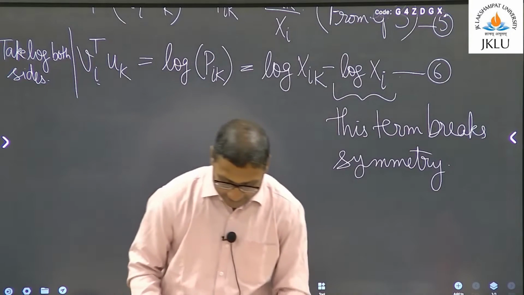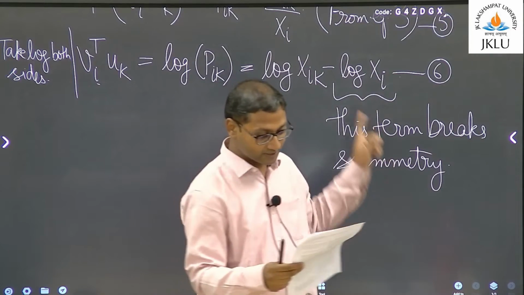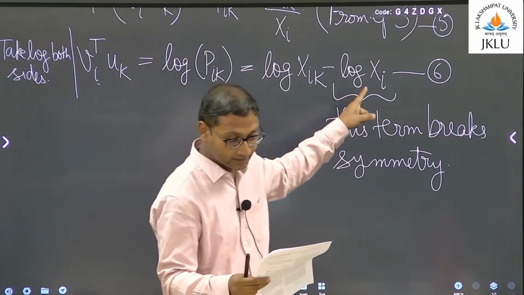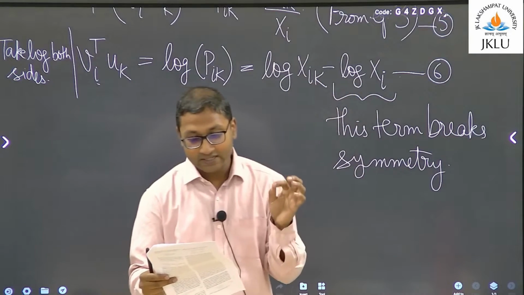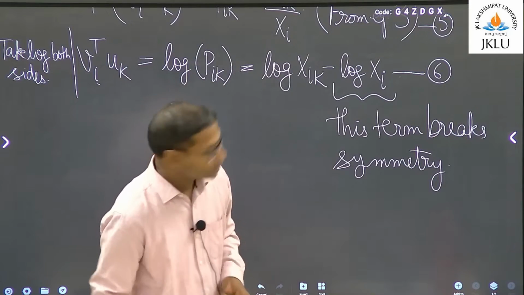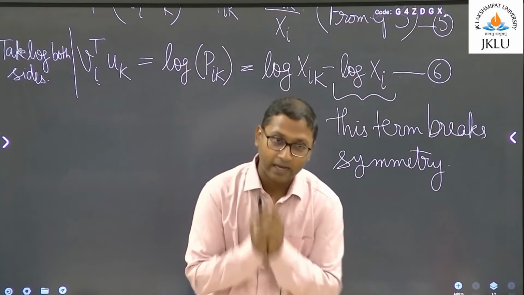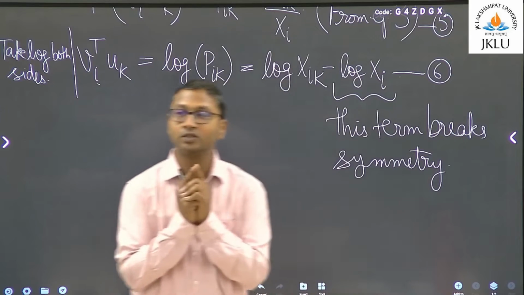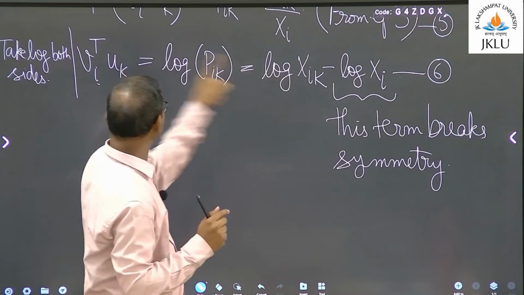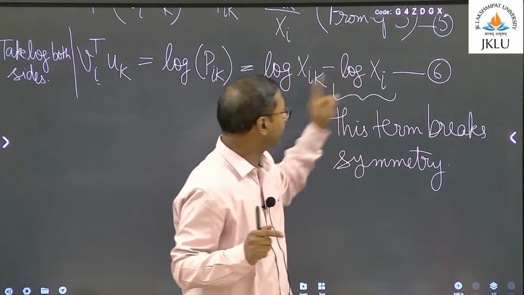So we'll remove this. So as they say, next we note that equation 6, which is this one, would exhibit exchange symmetry if not for log x_i on the right hand side. However, this term is independent of k. So it can be, right? So this term is independent of k and depends only on i, which is what? Which is my center word. In this equation, i is my center word right now. Okay? So this term is independent of k.